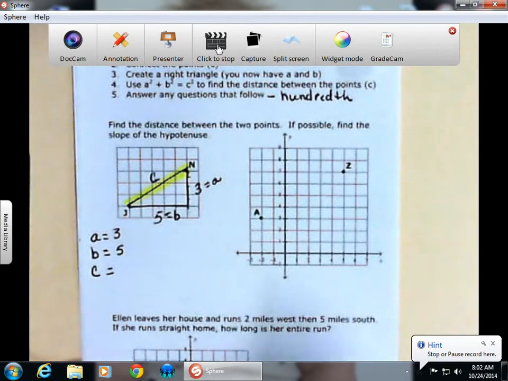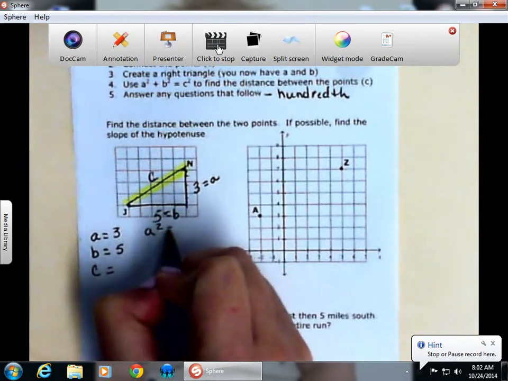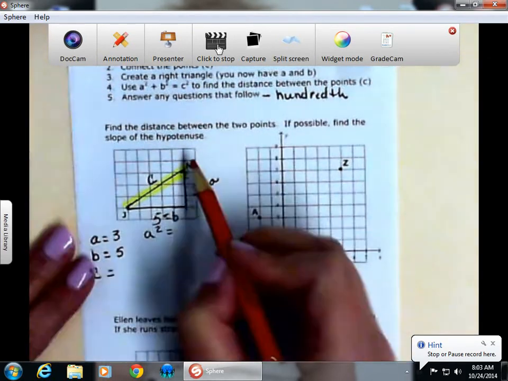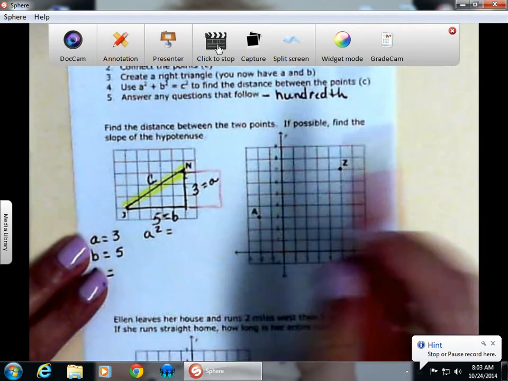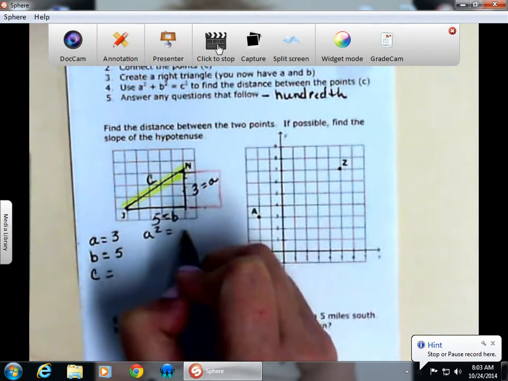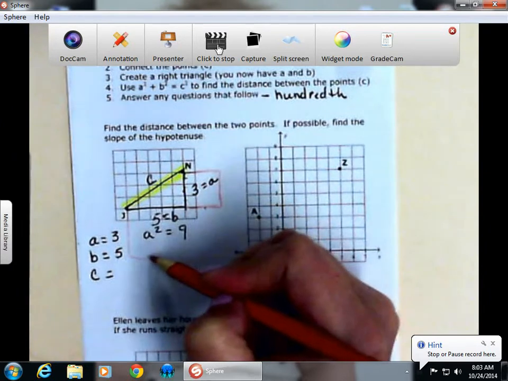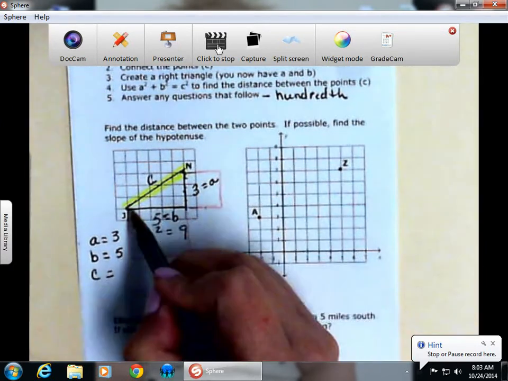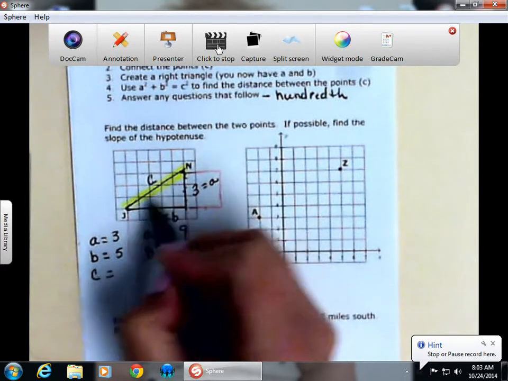We've got A squared, which is 3 times 3, because remember that it makes a square. So if we were to fold it out, it makes your square. So A squared is 3 times 3, which is 9. Our B squared, which is 5 times 5, is 25.